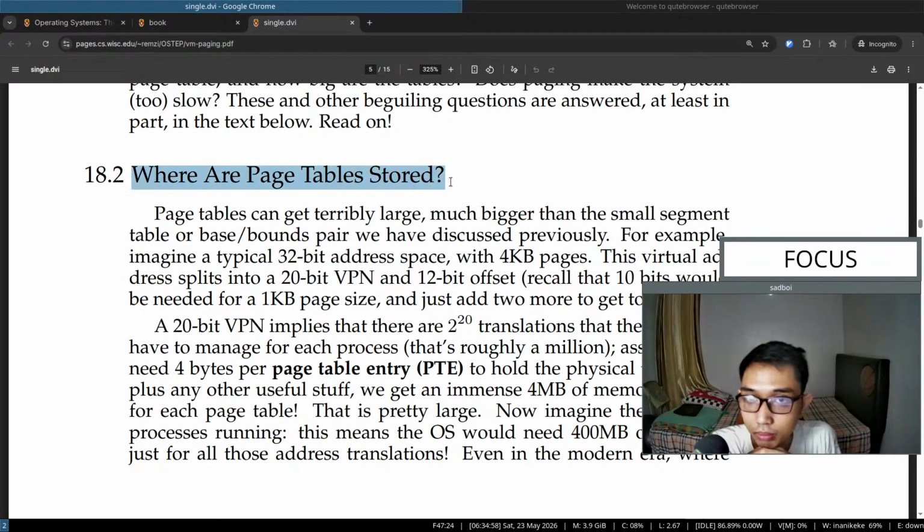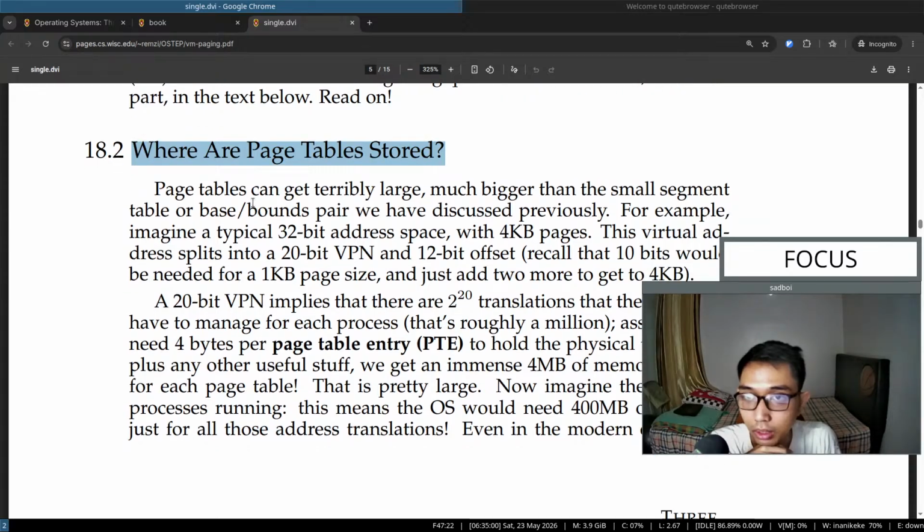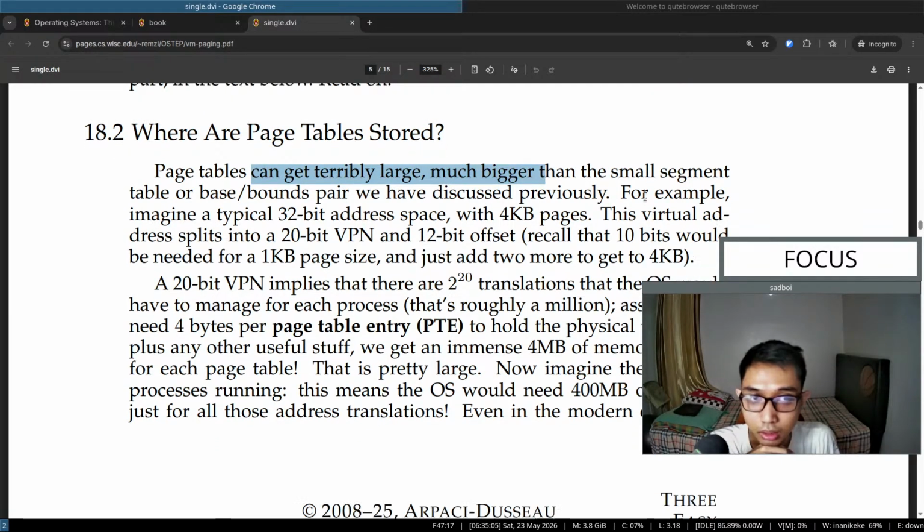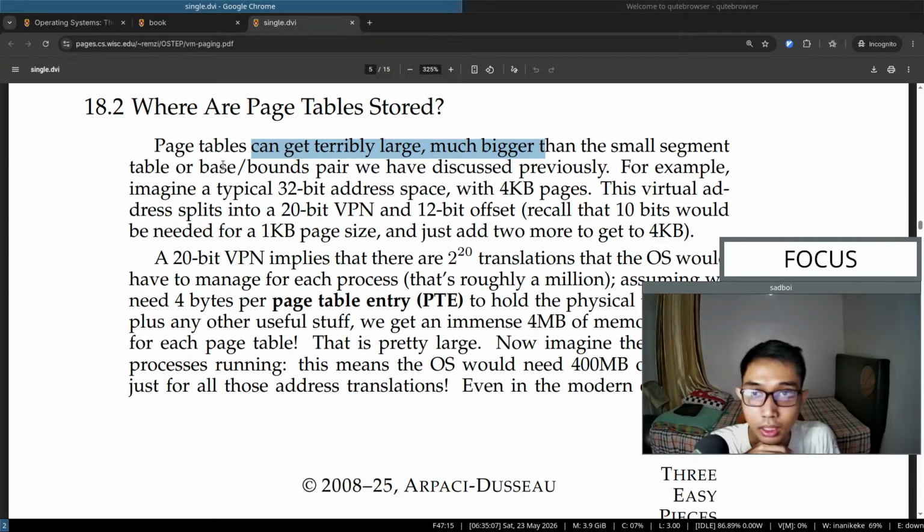Where are page tables stored? Page tables can get terribly large, much bigger than the small segment table or base/bounds pair we have discussed previously.